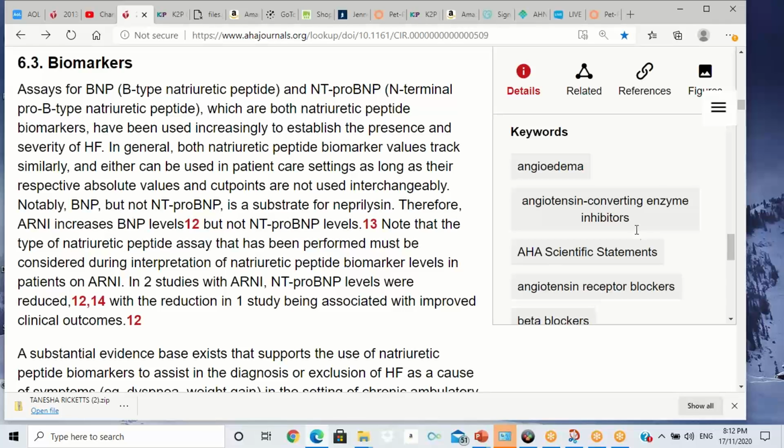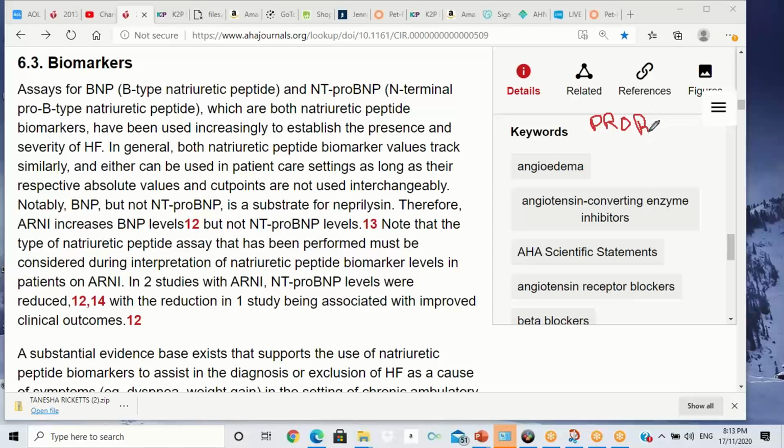And if you remember how we get to these, so with increased stretch, especially in the atria and the ventricle, you produce what we call proBNP. So you're going to get proBNP produced by stretch. So whenever you have heart failure, you're going to produce proBNP.